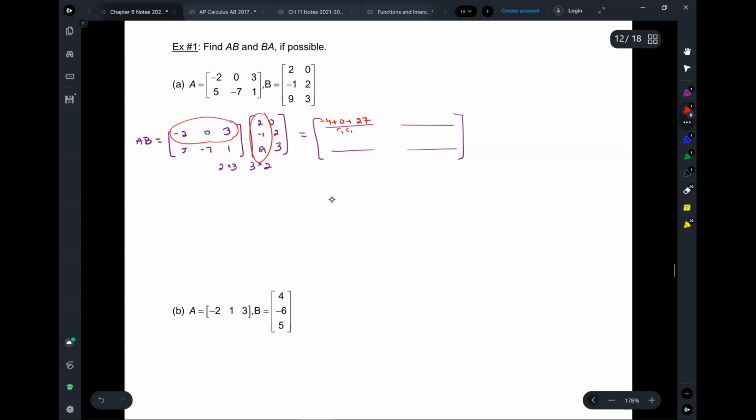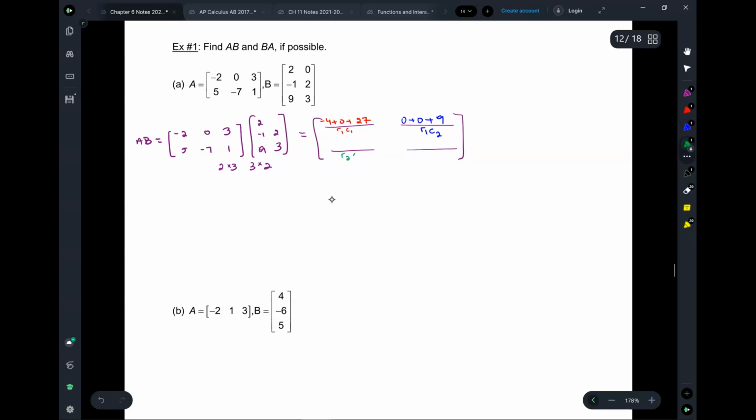Okay, what about the one next to it? Row 1, column 2. Right? Okay, so tell me the numbers. First one is 0 plus what? Plus 9. Okay, next.